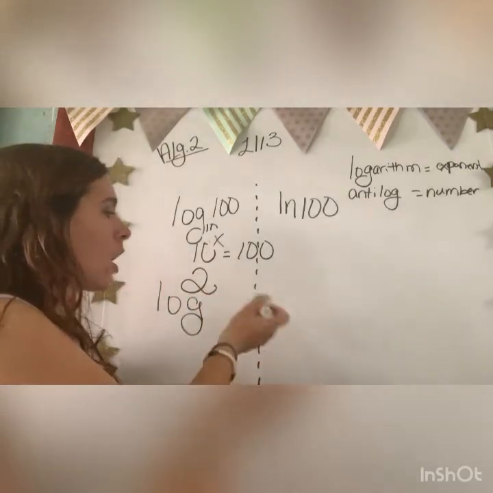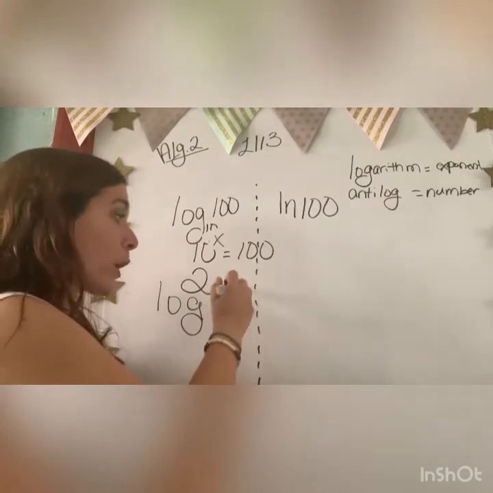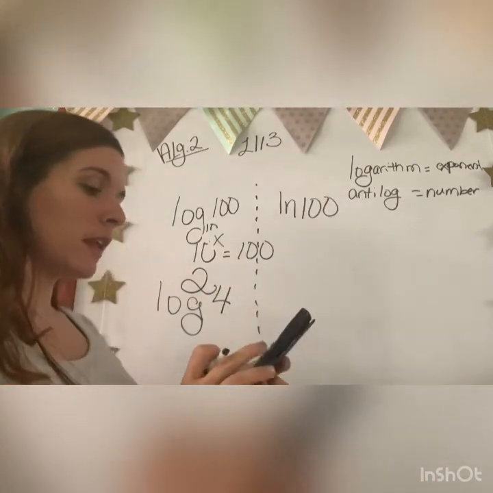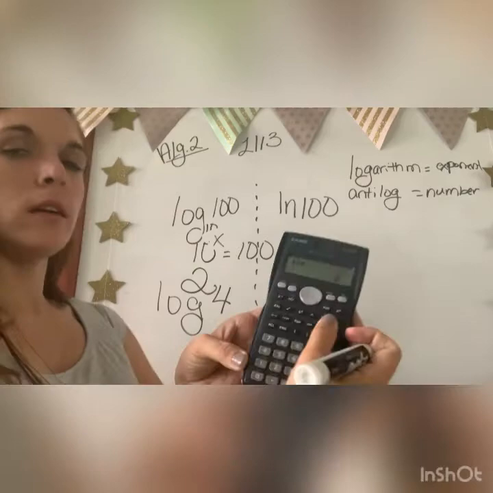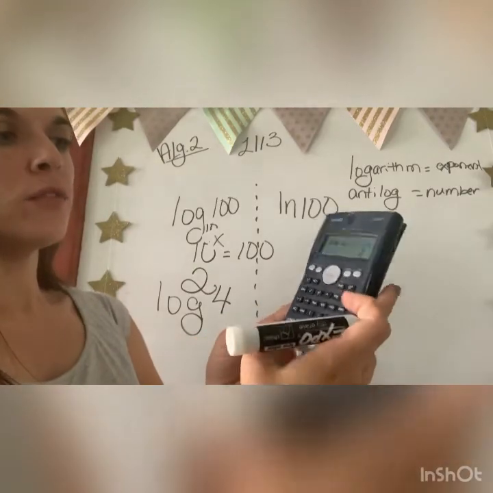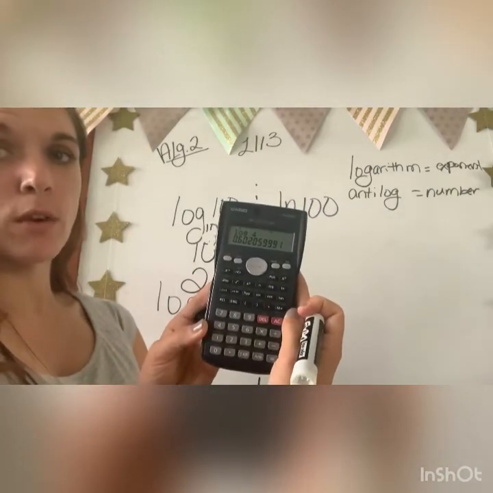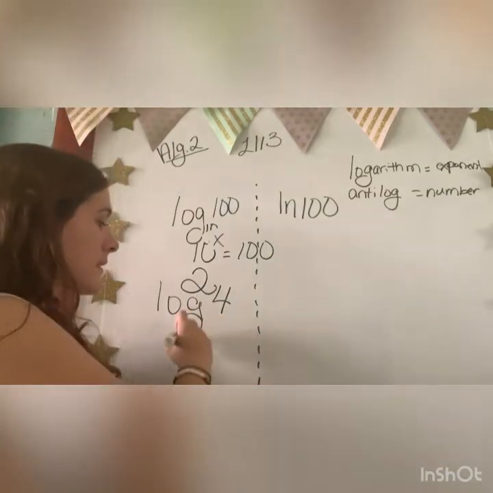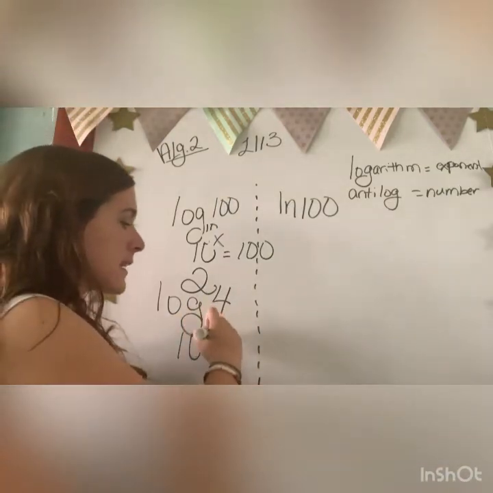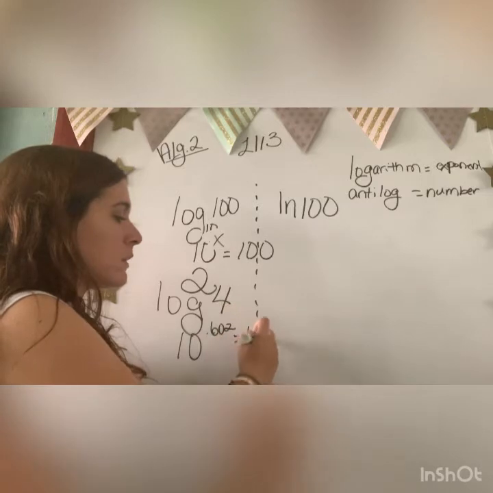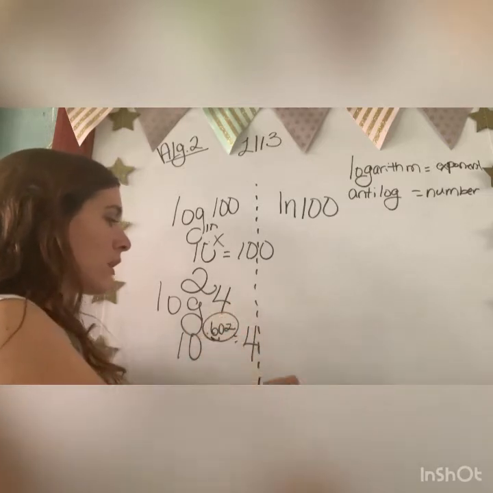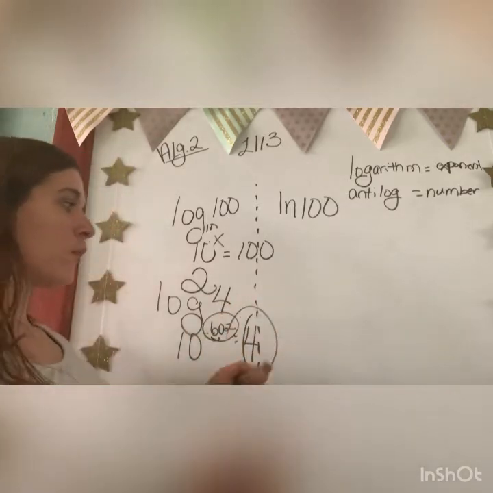Let's say that is log 4. So you put into your calculator log button 4, and you're going to get 0.602. So that means that 10 to the 0.602 equals 4. That's your logarithm. This is your anti-log, the 4.